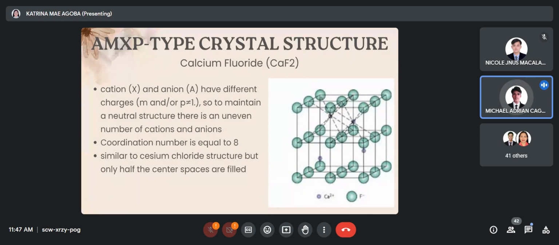And the m and p are usually whole numbers that indicate the ratio of these atoms in the chemical formula. So for this example, the calcium fluoride CaF2. Ayan po yung structure niya. Next po.